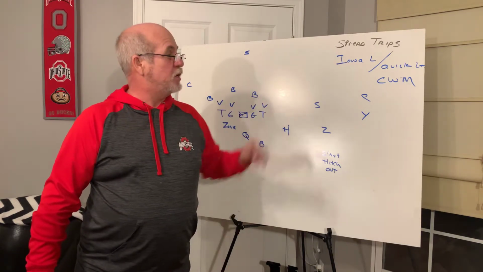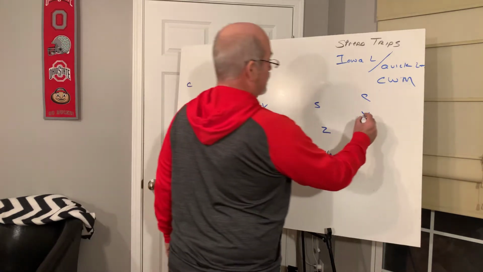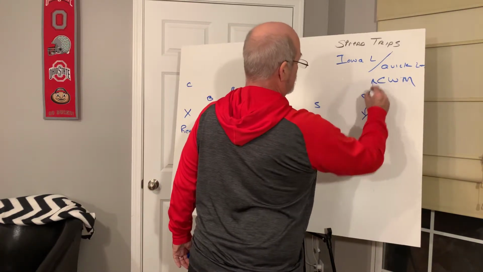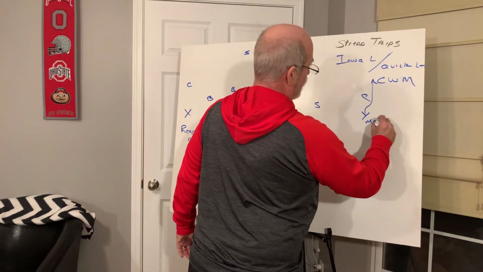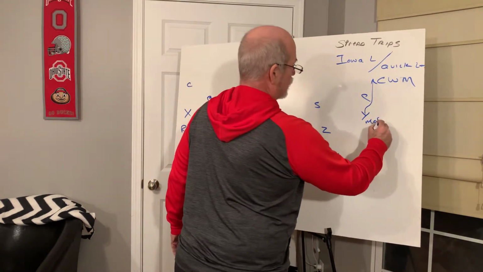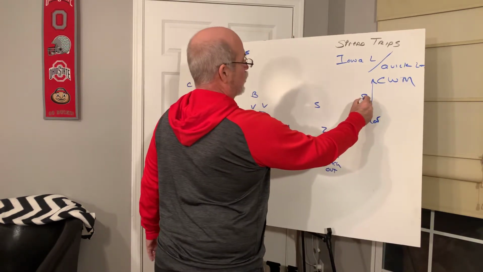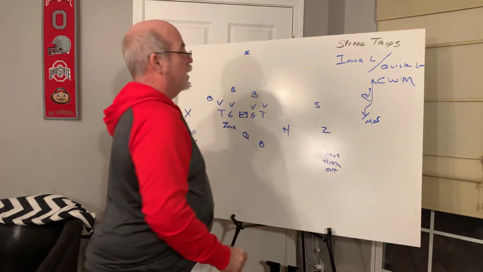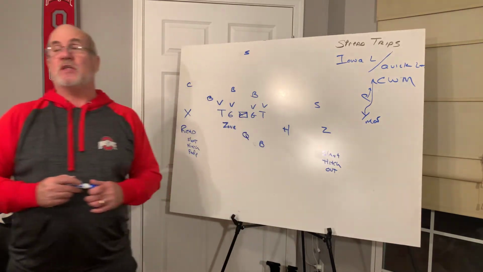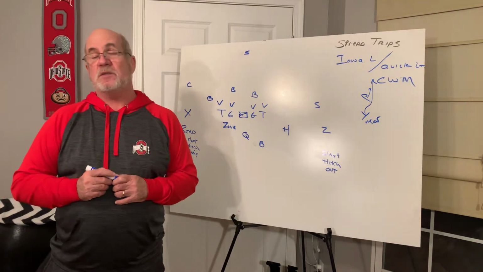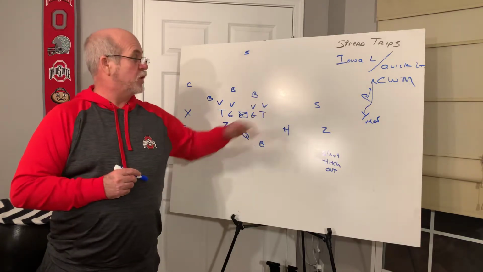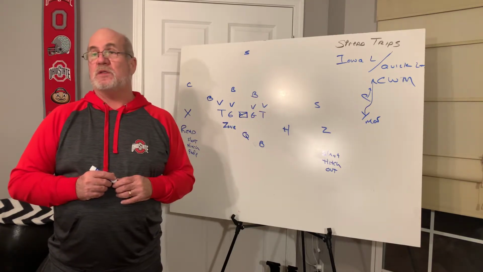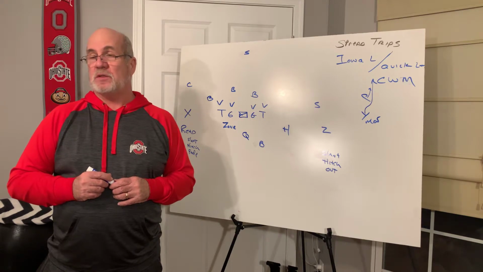I'm saying two-man concept because the outside receiver is going to take a mandatory outside release or run a more route. Mandatory outside release. They have to try to get this corner to turn and run with them. If there's a clear advantage out there, the quarterback is allowed to throw that. But truthfully, we're looking at this side of the field and running one of these 3 combination of plays.